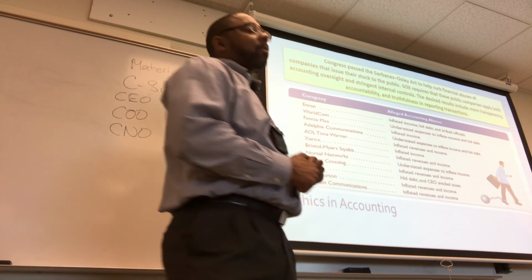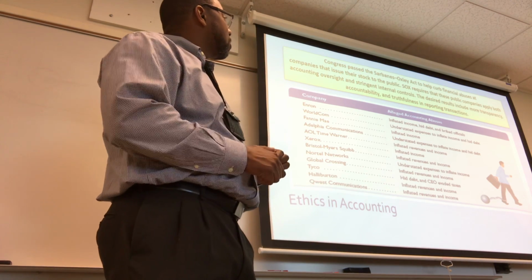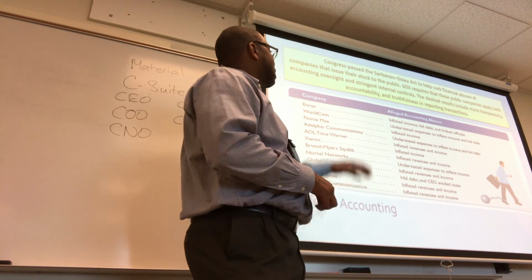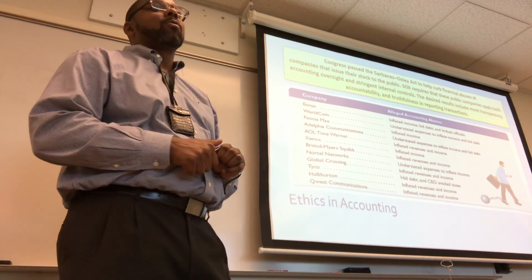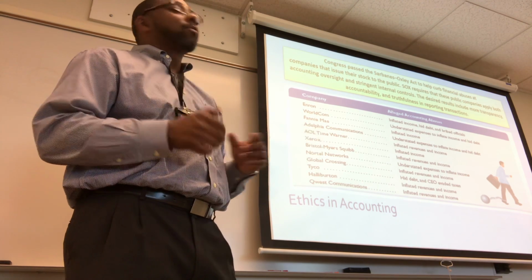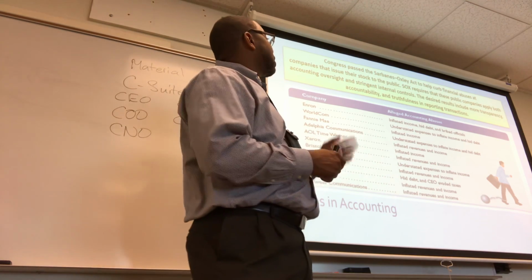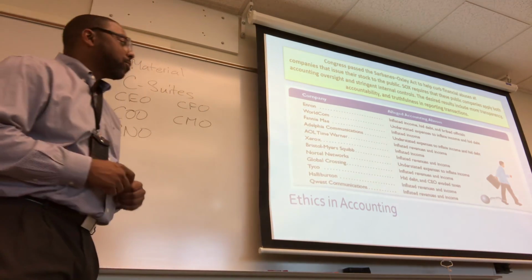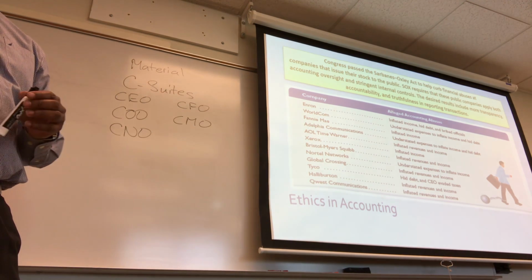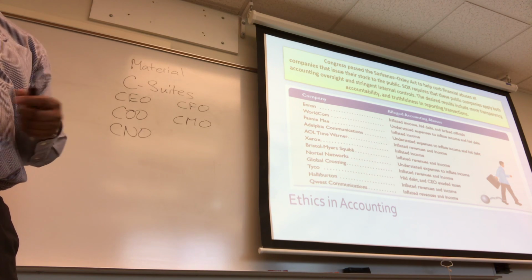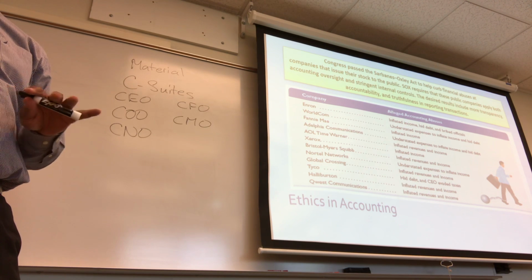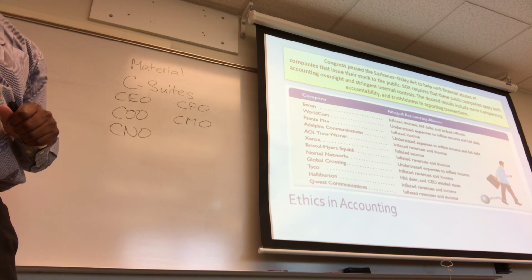Congress passed back in 2002 Sarbanes-Oxley, right, to help curb some financial abuses. And this is just a list of some of those abuses that happened over years, but culminated during that period of time. I'm not going to go through them. You can look them up. You can look at them in the slides. But just wanted you to know that there were things that happened in the past that has made our industry more vigilant, especially with ethics.